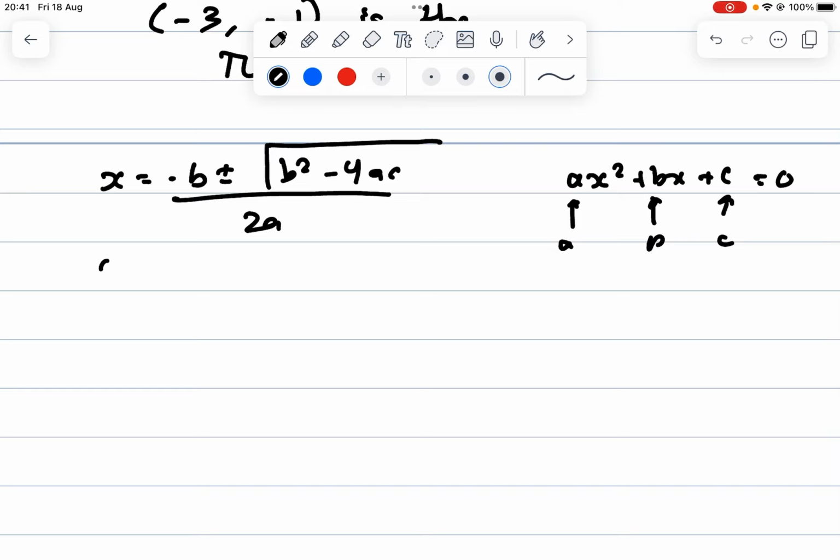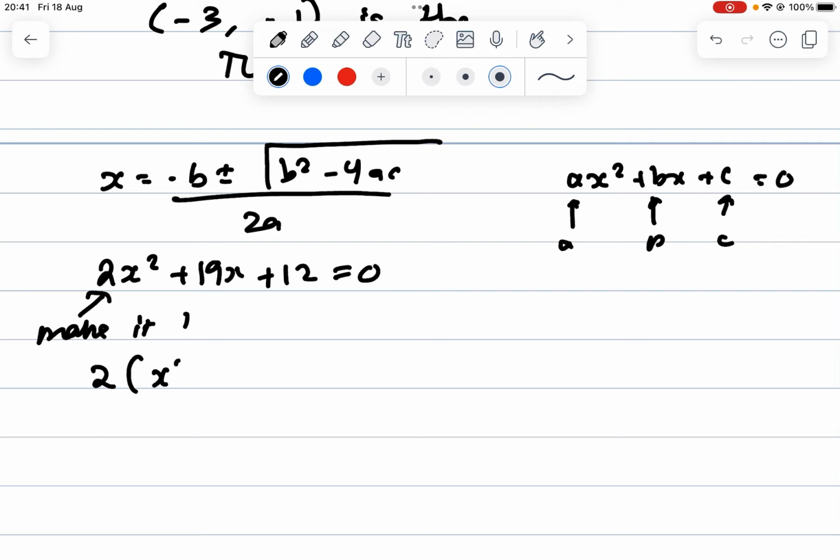Harder completing the square, so let's say 2x squared plus 19x plus 12 equals 0. So all I have to do is half everything because I want that to be a 1. So I can write 2 bracket 1x squared plus 19 over 2x plus 6 equals 0.